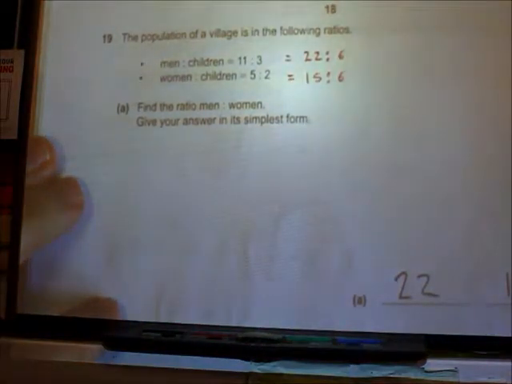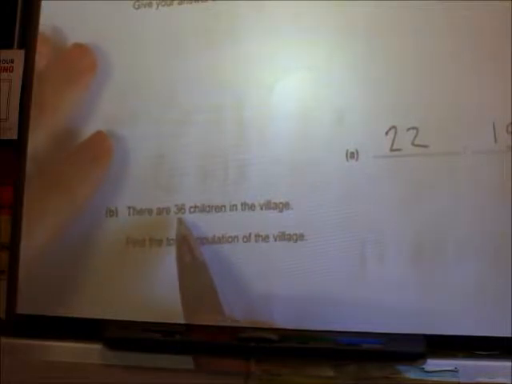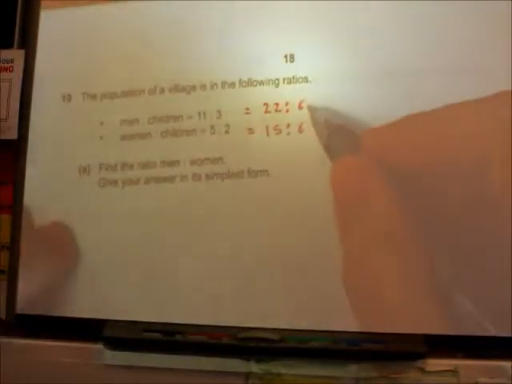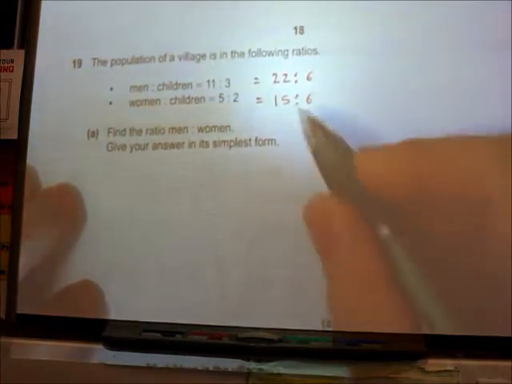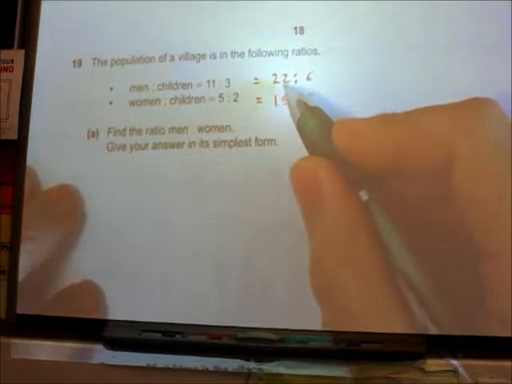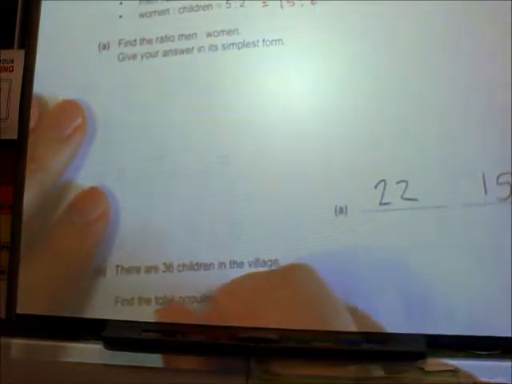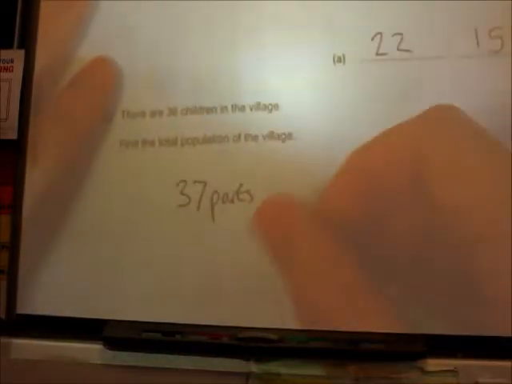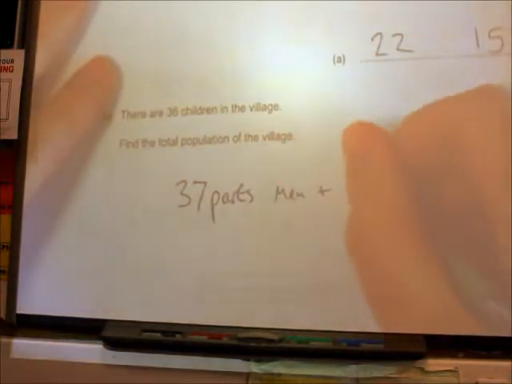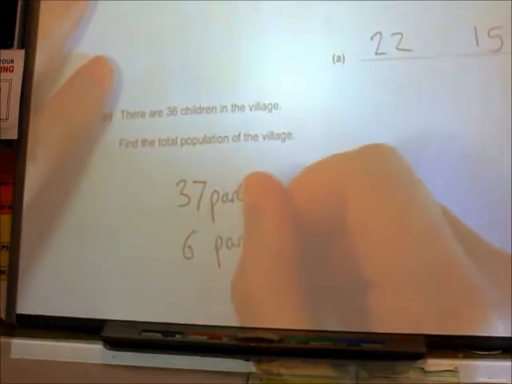So if we know that there are 36 children in the village, that means if we divide 36 by 6, one part, if you like, is going to be 6. So we're going to add up these two parts. So the men and women will be 37. So if you like, there are 37 parts, and that is men and women, and there are 6 parts children.